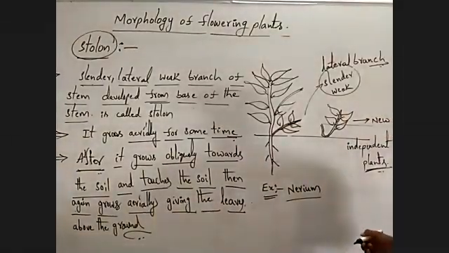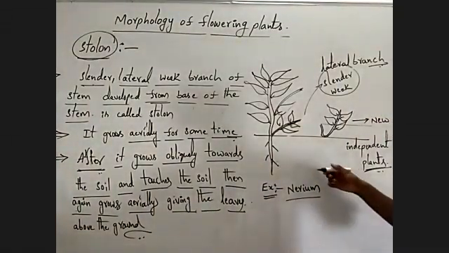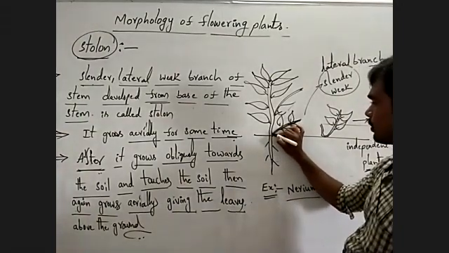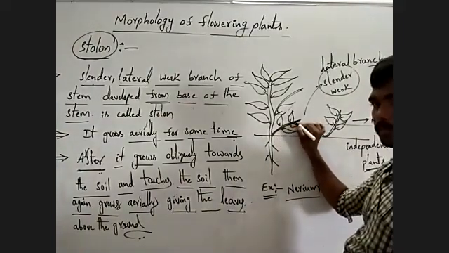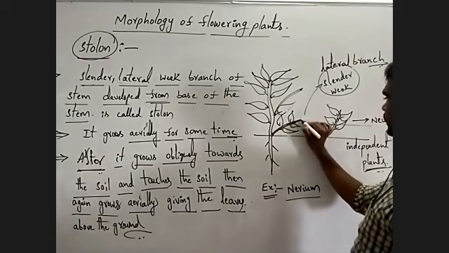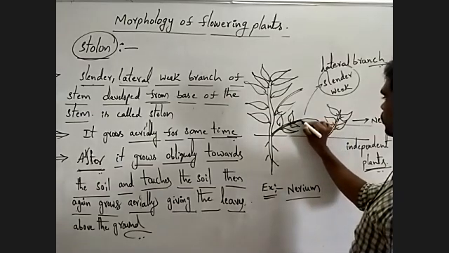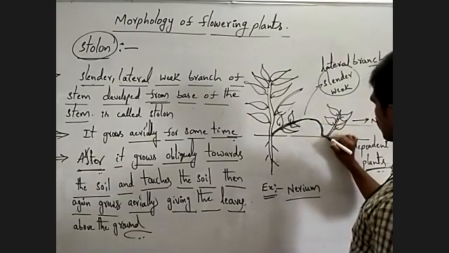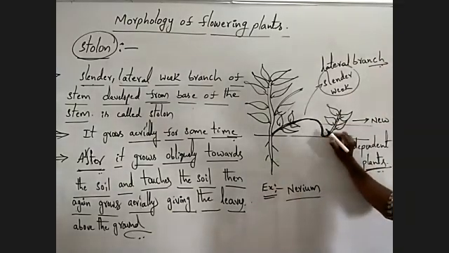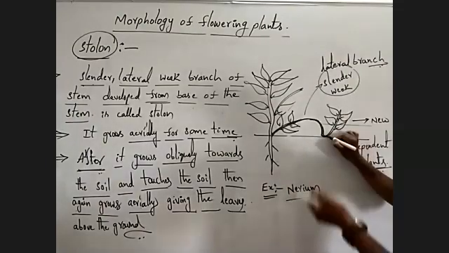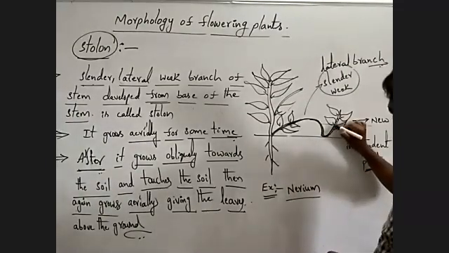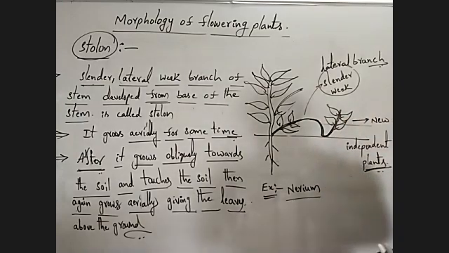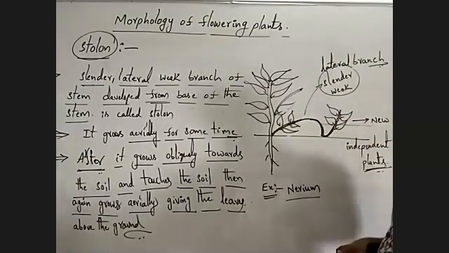Okay. Here observe. This is the lateral branch. This branch grows aerially for some time. After that, it grows obliquely towards the soil and touches the soil like this, and again grows aerially, giving the leaves.